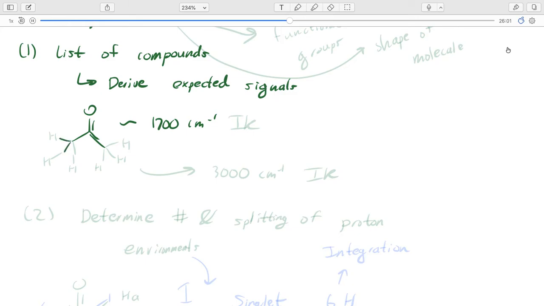And for the NMR, we've got only one proton environment. Well, that's the second step: determine the number and splitting of proton environments.